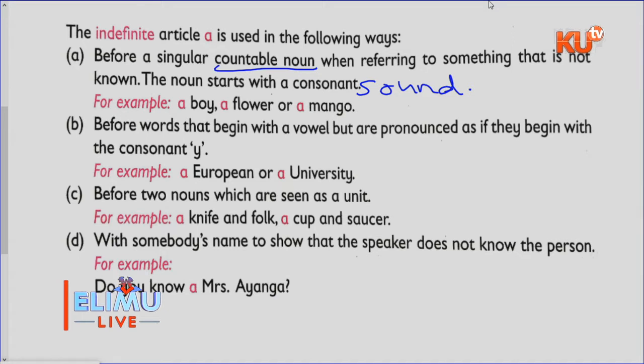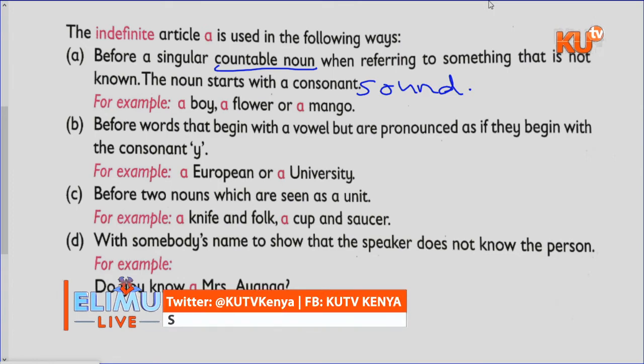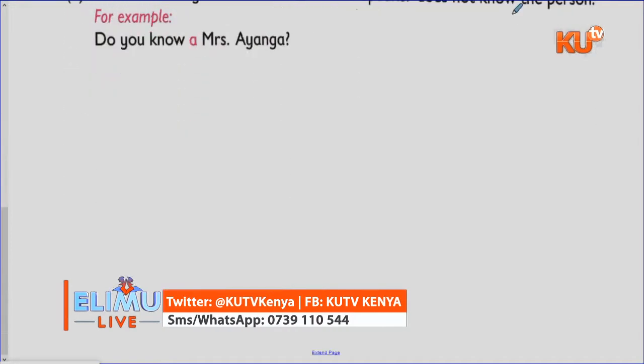Because they start with consonants, but their sound is not a consonant sound. Let me write examples down: words that start with consonants, but they don't start with the consonant sound.